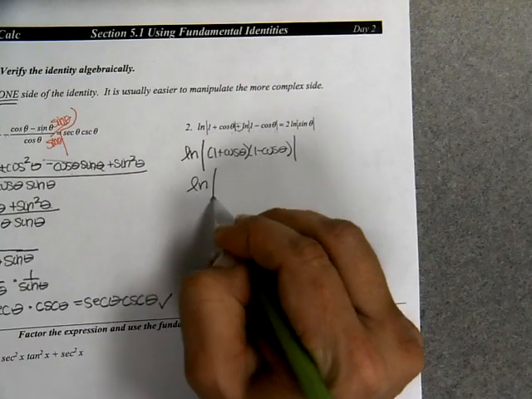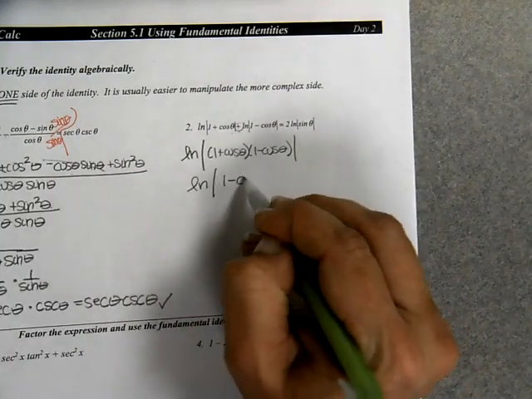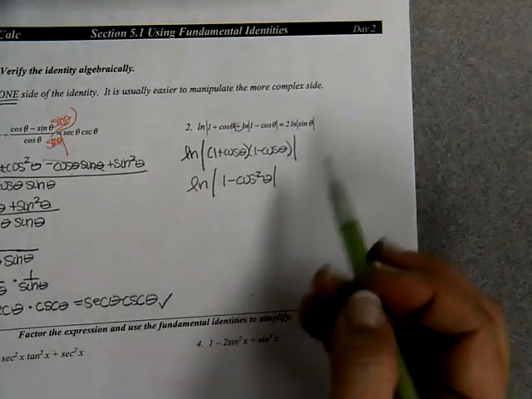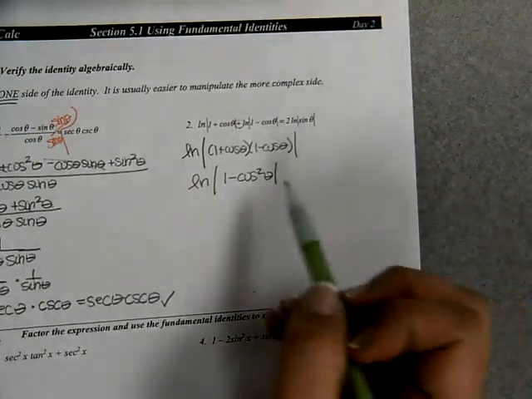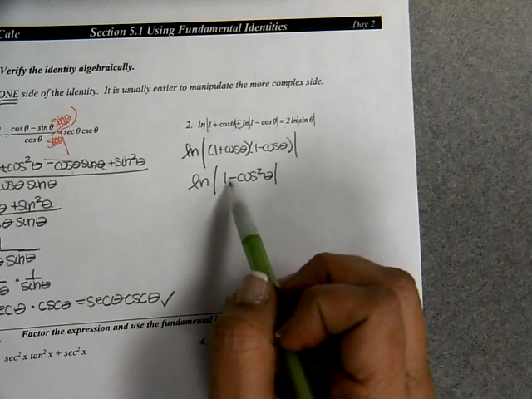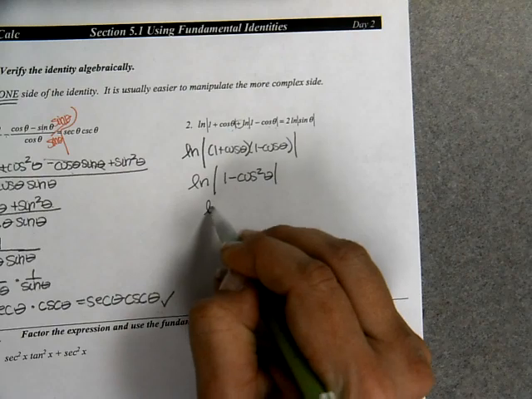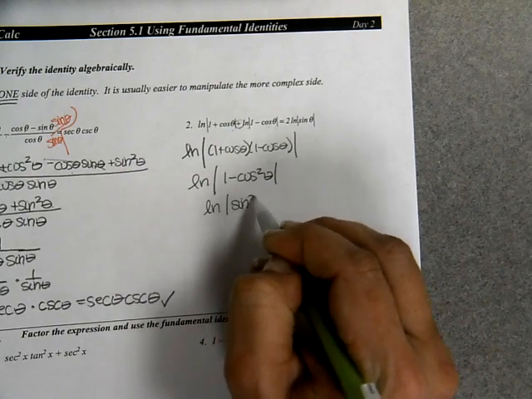And if we do multiply those, that gives us 1 minus cosine squared theta. And that's one of basically the corollaries of the trig identity. We know that if sine squared theta plus cosine squared theta is 1, then 1 minus cosine squared theta is sine squared theta.